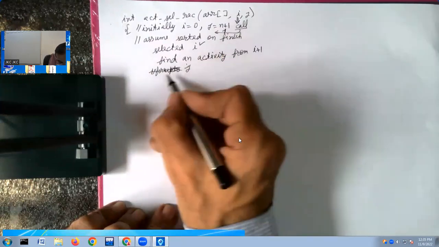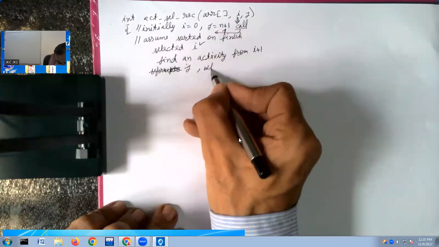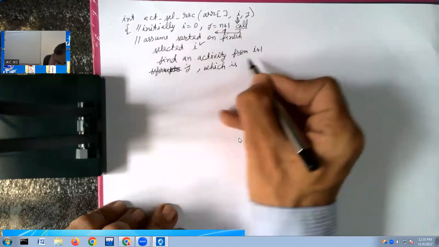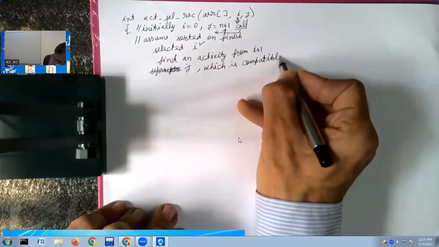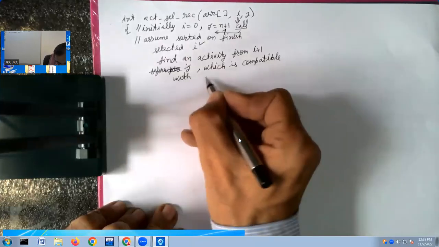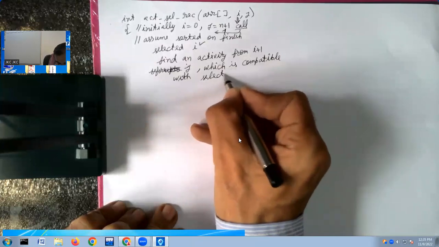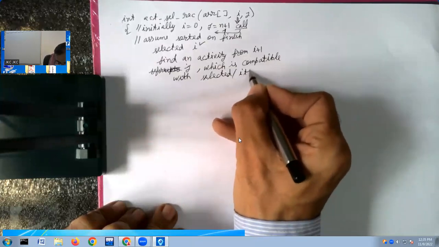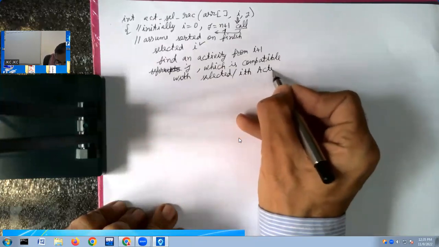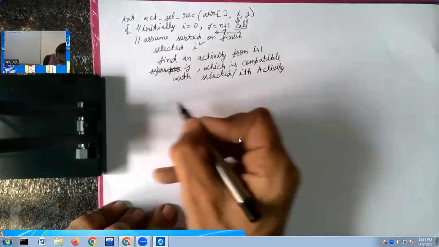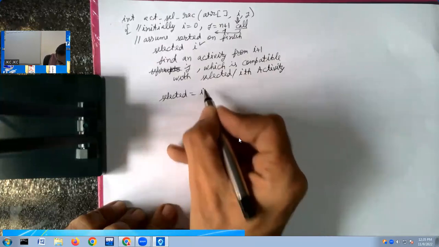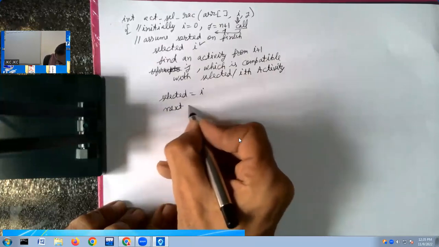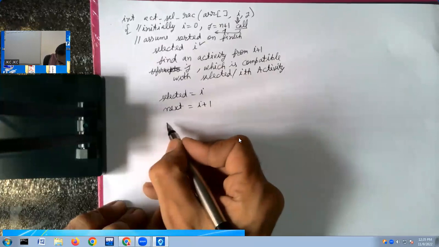So before J, which is compatible with the selected job, with the ith job or ith activity. So now I will say selected equal to I. Next, which I am trying to do, is obviously I plus 1.